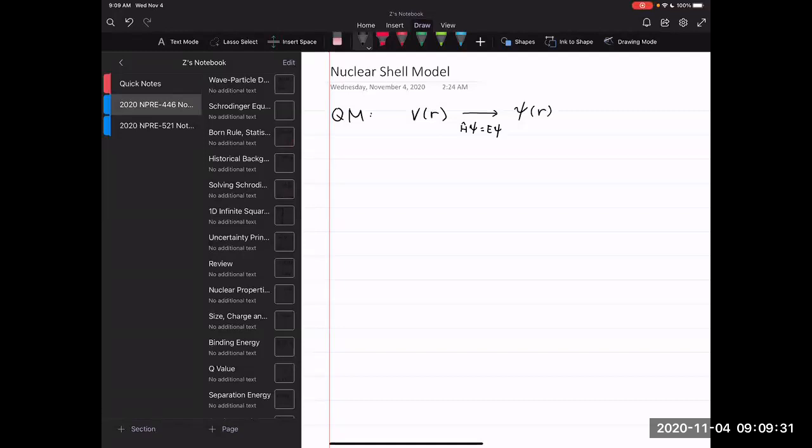Because the potential itself is 1 over r, not a square or stepwise potential, solving it mathematically is quite challenging. And the result is not really concerned with nuclear physics. It's not directly related to the interaction, for example, of a neutron with matter. That's why we're skipping it for now.